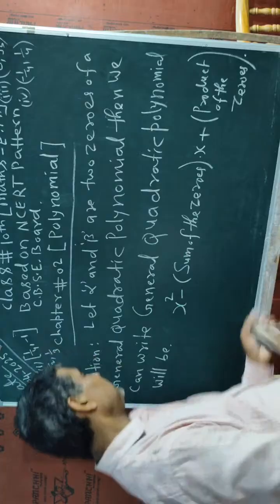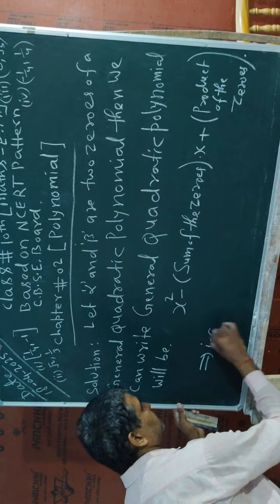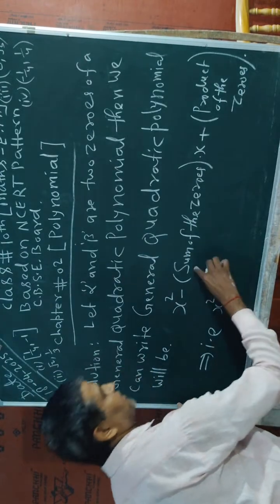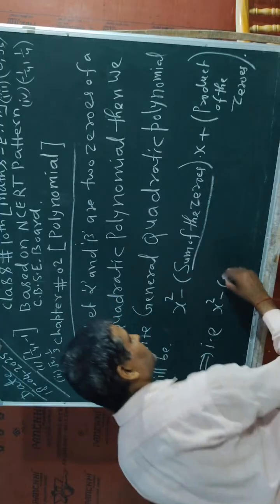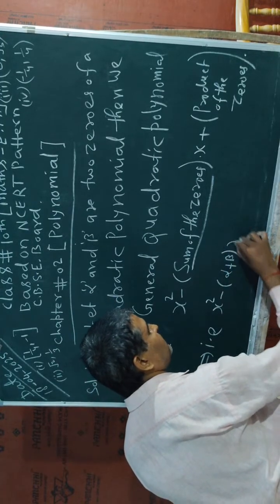I can write it as a mathematical expression: x square minus, in the bracket, the sum of the zeros, its meaning will be alpha plus beta, into x.